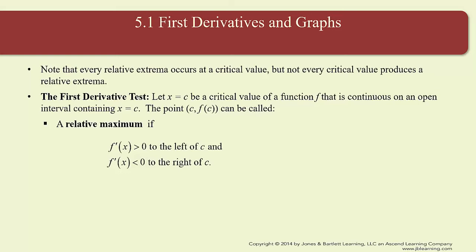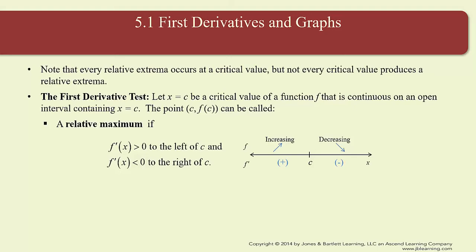And probably the best way to remember this is through a simple sign diagram. So let me show you what it would look like for those words. We're going to start making sign diagrams. Notice, we have a real number line here. I've located c, the critical value, on the number line. We'll determine the sign of the derivative, if it's positive or negative, and that tells us if the function is increasing or decreasing.